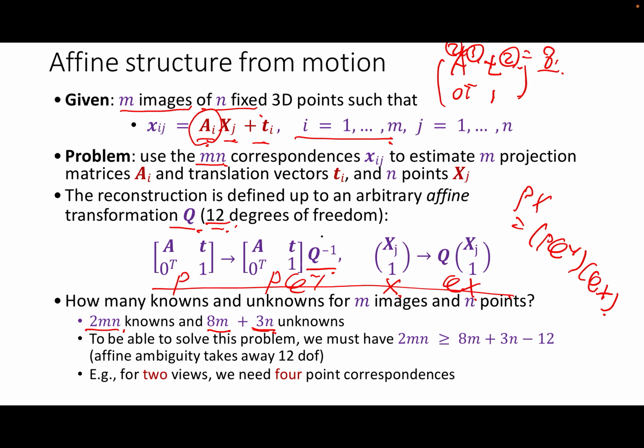And 3n is because we have n 3D points with x, y, z coordinates. So this is from the camera, this is from P, this is from X. And small x we know, that gives us 2mn. In the camera projection matrices, we do not know 8m. And in the 3D coordinates, we do not know 3n.